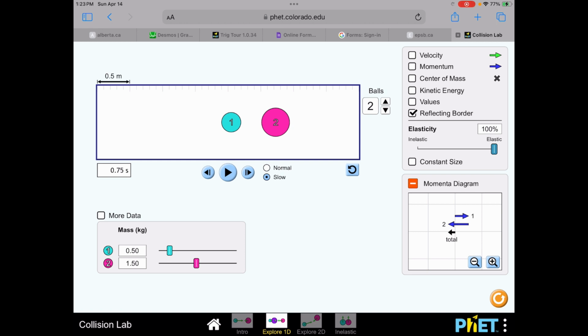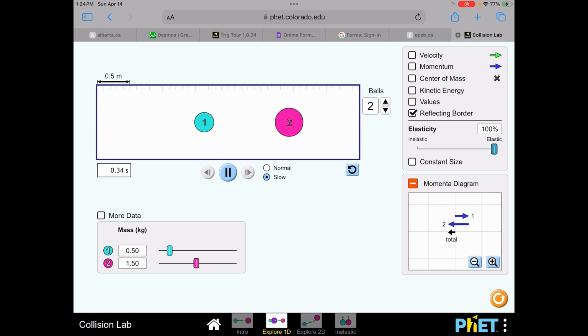Okay, ready? So the blue ball's coming in, the pink ball's coming to the left. They are now in contact with each other, right? So what does Newton's third law tell us? It tells us that they're exerting equal but opposite forces on each other. Let's restart.